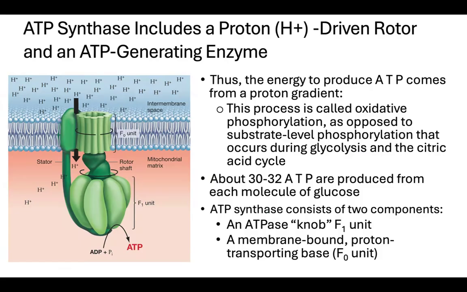And when you have a high concentration of one of those, it wants to diffuse into areas where there's low concentration. And that helped us power a lot of things, like the glucose transporters, other stuff that we talked about as well. So now what we've done is we have taken the hydrogens from all the NADHs, all the FADH2s, put them in the intermembrane space between the inner and the outer membrane. And now we've created a gradient.